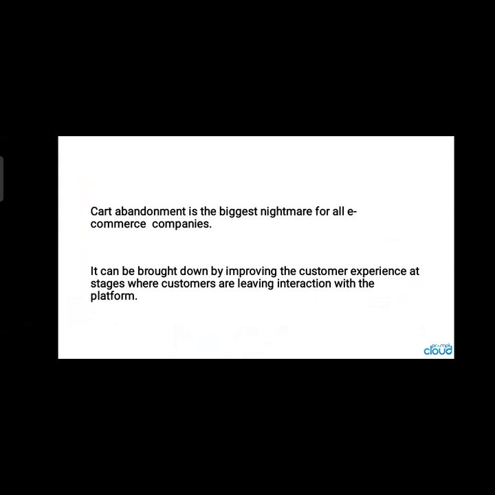Yes, cart abandonment is the biggest nightmare for all e-commerce companies. It can be brought down by improving the customer experience at stages where customers are leaving interaction with the platform.